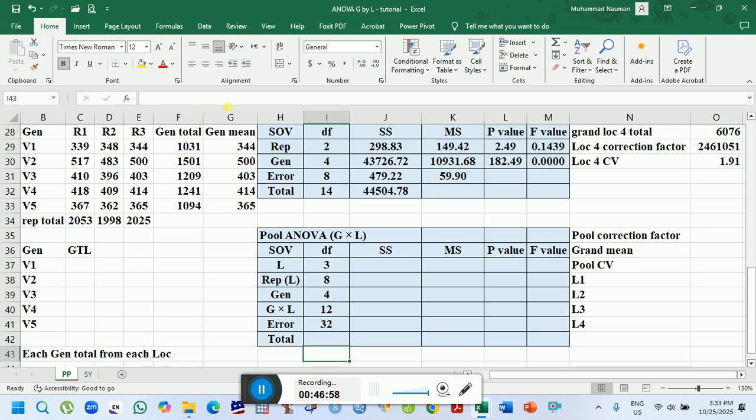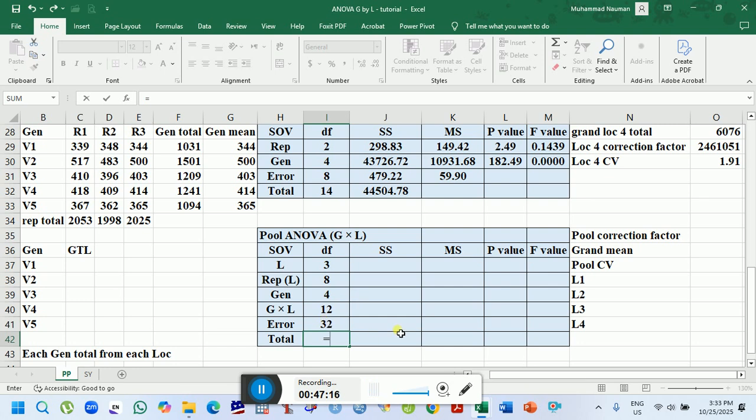And now we will calculate the total degree of freedom, which is equal to replication, location, genotype multiplied, and the answer subtracted by 1.